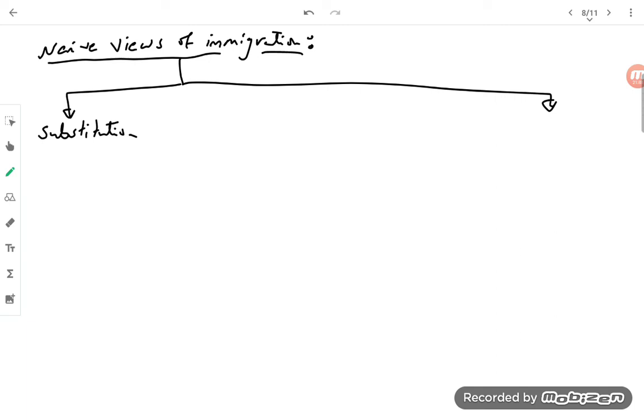In another point of view, illegal immigrants perform jobs no citizen of the country would like to do. This means they are low quality or low skilled jobs.